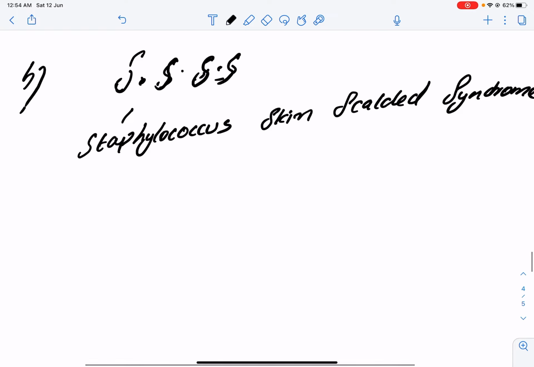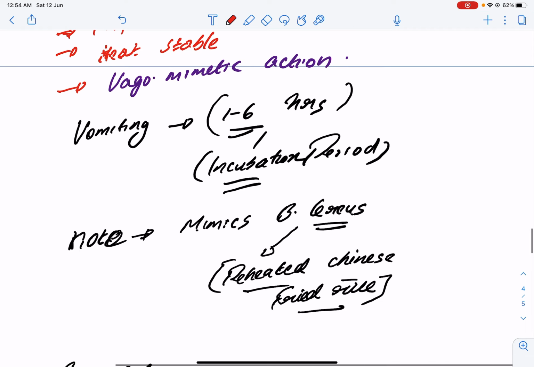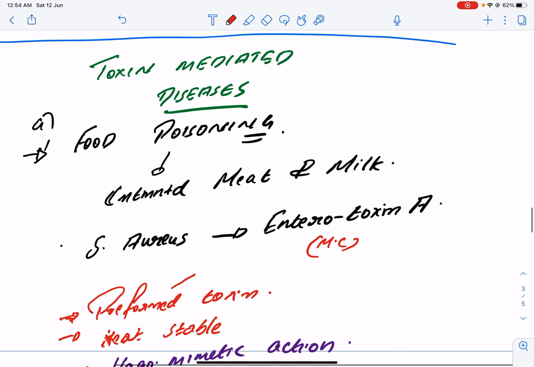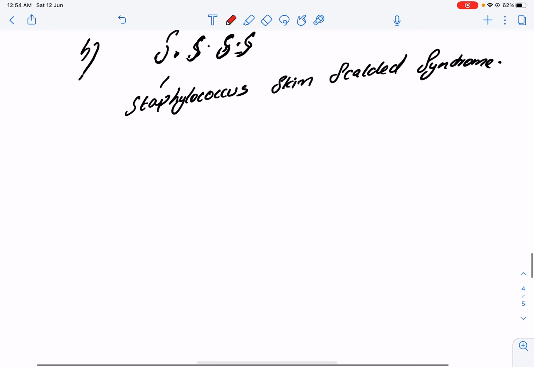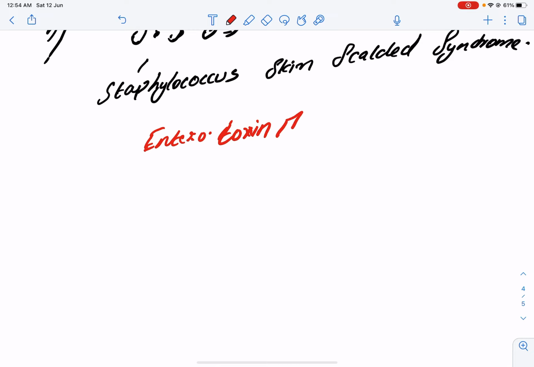So we have two types of toxin. Here both enterotoxin A as well as enterotoxin B will come, and together they are also called exfoliative toxin.